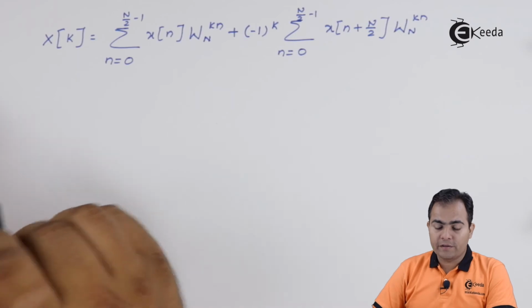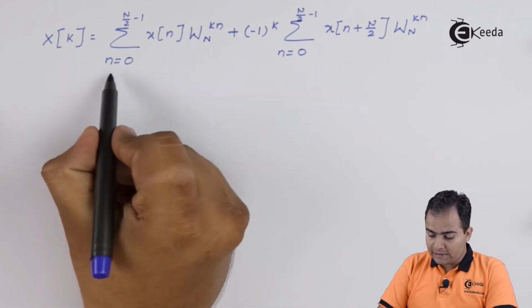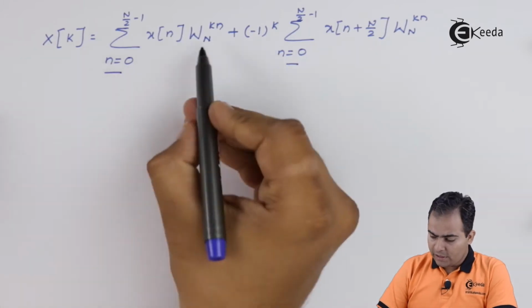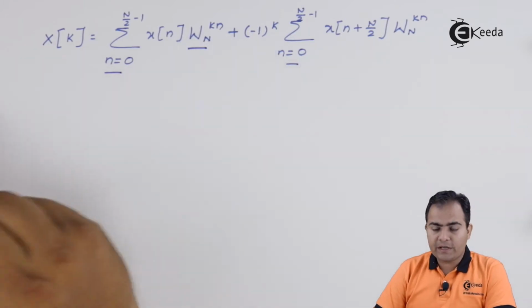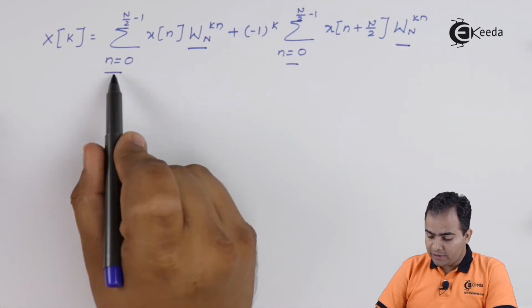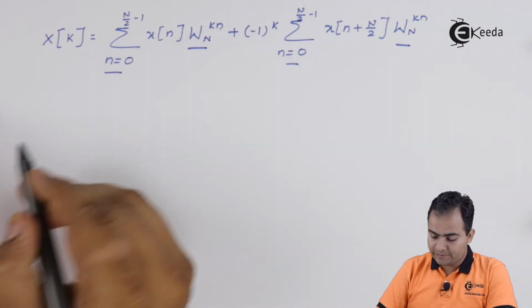Now look here. Before moving to even and odd parts, I can say that the summation value in both the parts is the same, as well as omega n to the power kn is the same. So I'll take the summation value common as well as omega n to the power kn common.